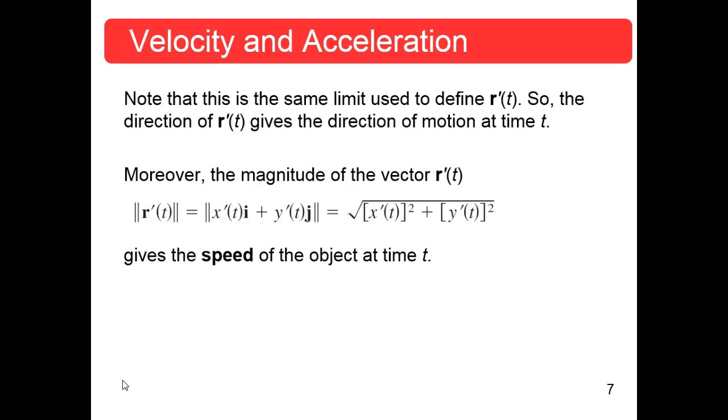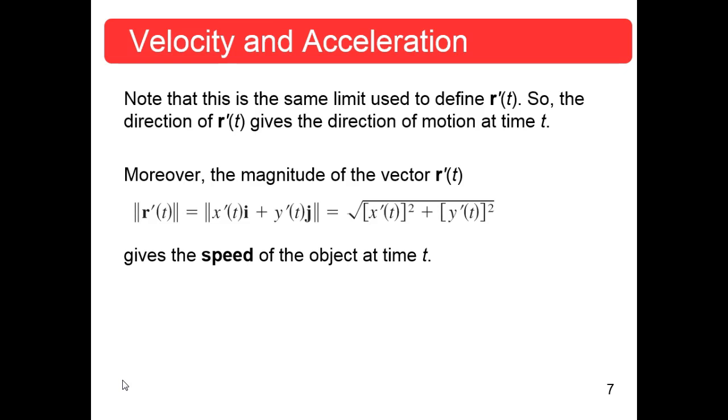Okay. All right. What we're doing is velocity and acceleration. We're in section 12.3, on the bottom of page 836. We'll soon be on 837. Note that this is the same limit. Okay, we're talking about r prime.